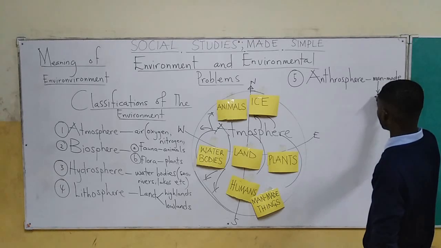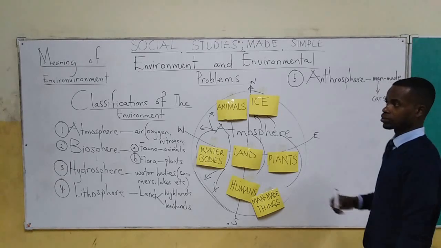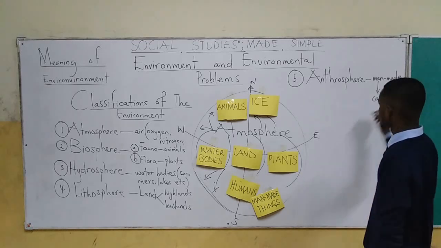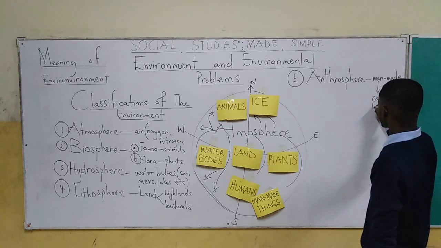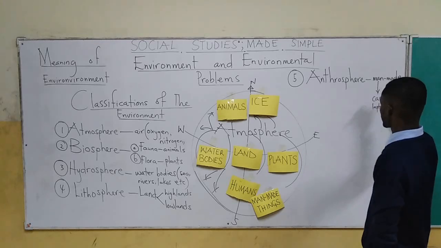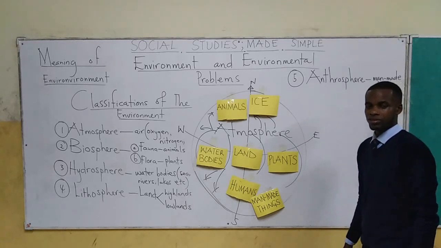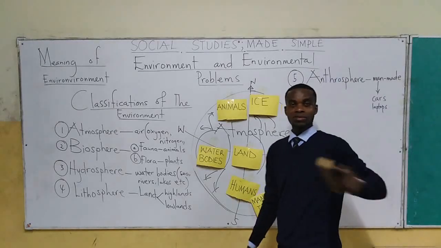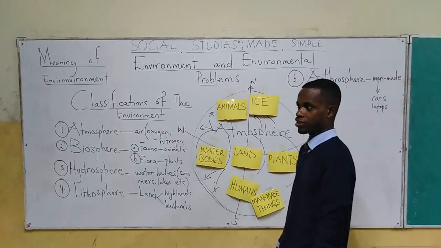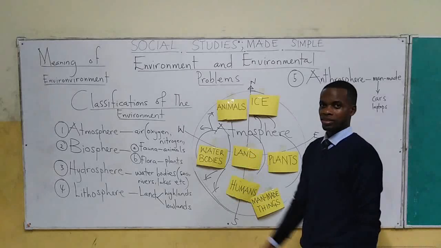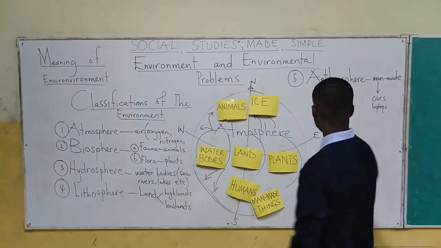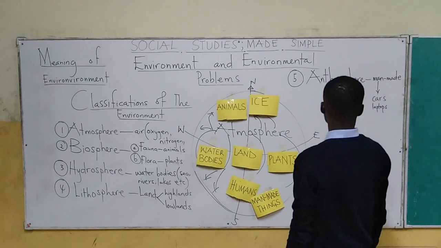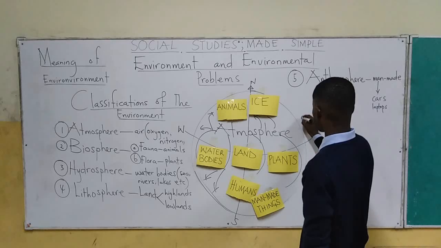What examples can you give? Cars, your laptops, our inventions, the chair you sit on, your light bulbs, all the inventions, the creations, the things that man has manufactured, we put them under the anthrosphere.